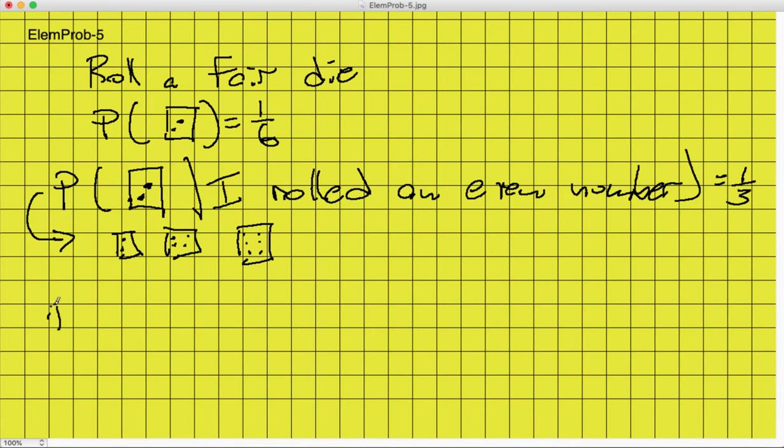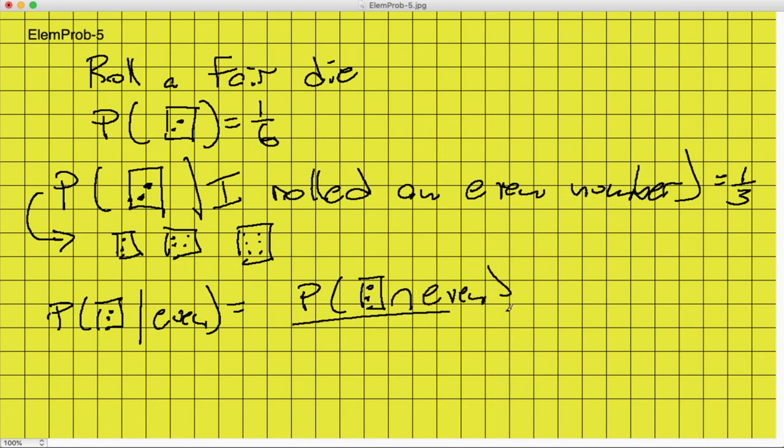Well, the probability of a 2 given even, by our definition of conditional probability, is the probability of 2 intersection even over the probability of even. Well, what's the probability of even?